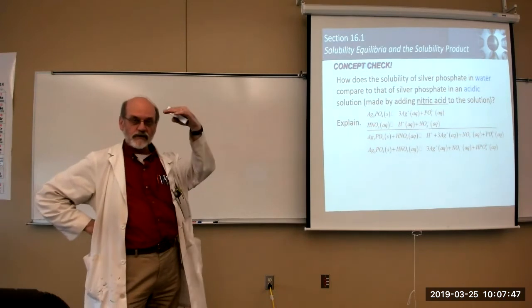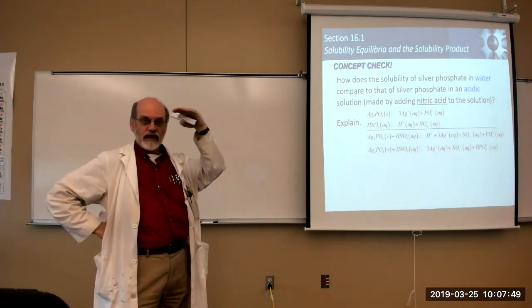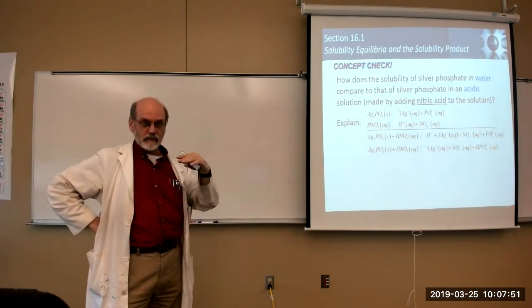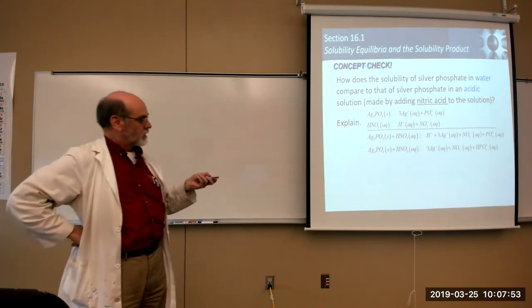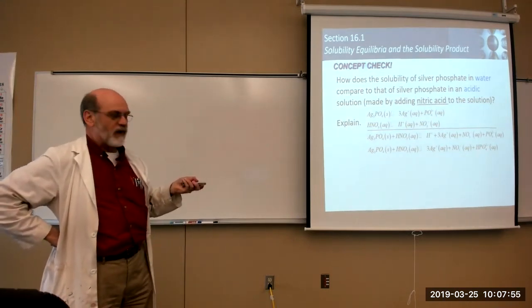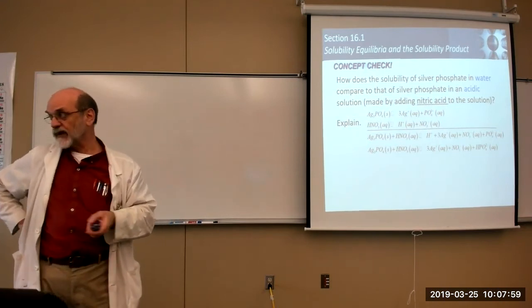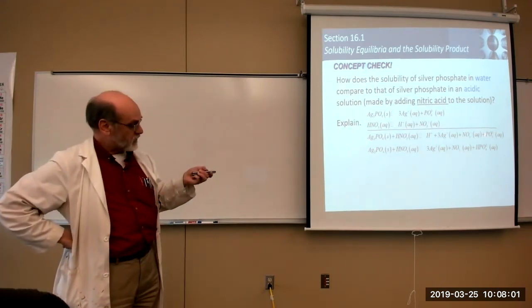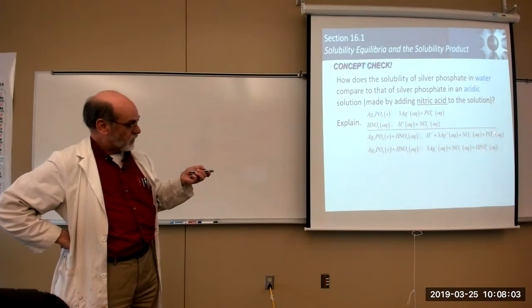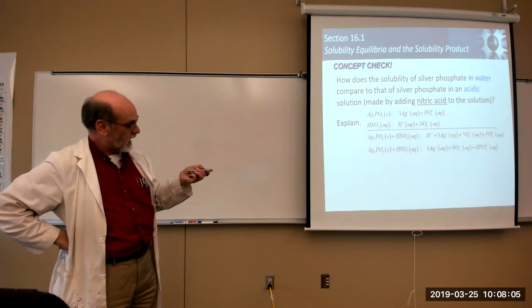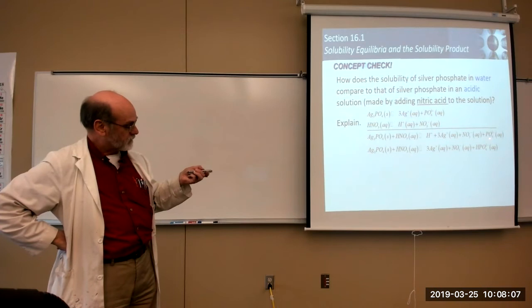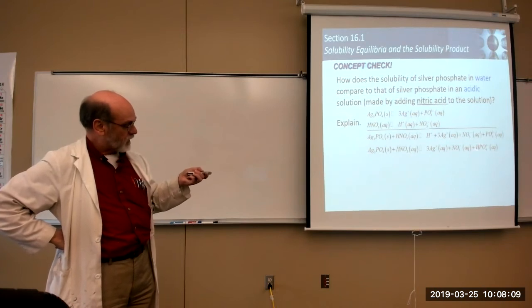When we looked at the dissociation of phosphoric acid stepwise, it turns out that HPO4 2 minus is a very weak acid, which means it makes a strong conjugate base. And there's your conjugate base for this acid. So it's going to latch on to that hydrogen and form this product.